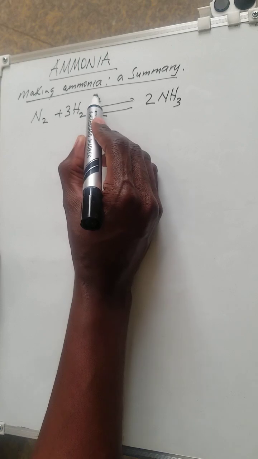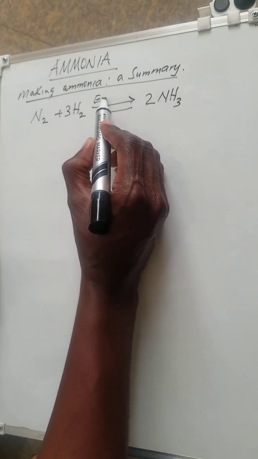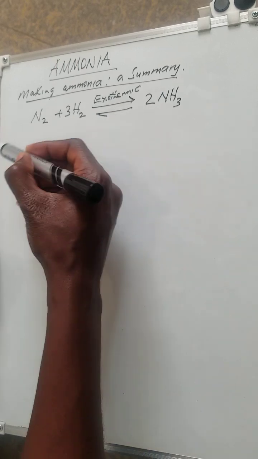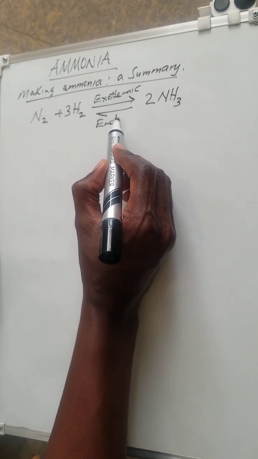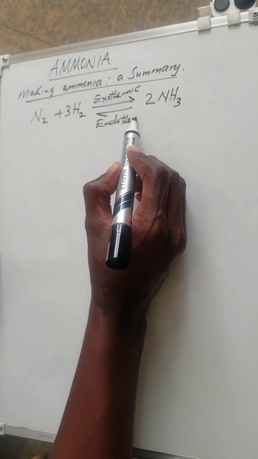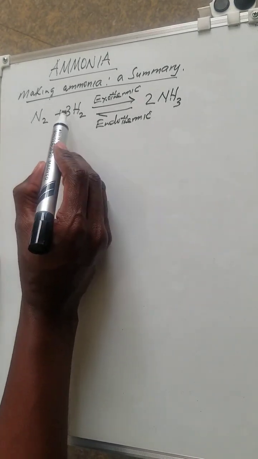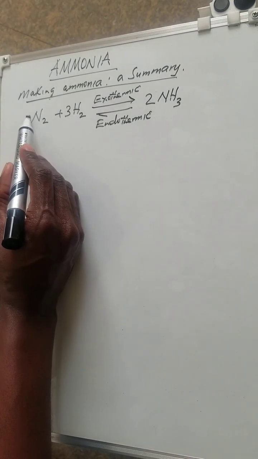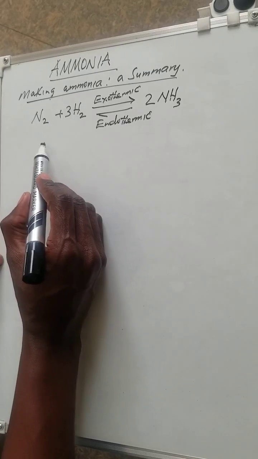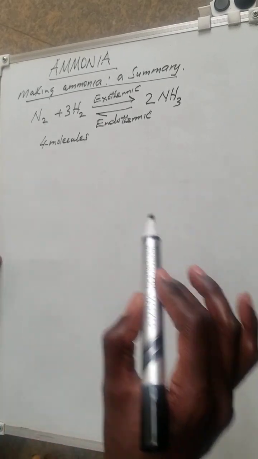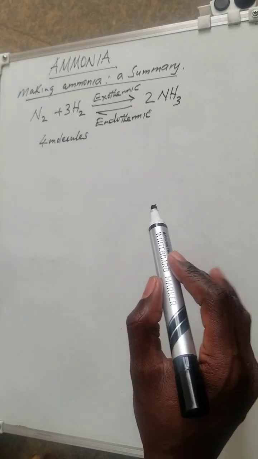We did say that the forward reaction is simply an exothermic reaction and the backward reaction is an endothermic reaction. So if you look at the number of molecules, in front of the nitrogen you have 1 plus these 3, meaning there are 4 molecules on your left hand side.